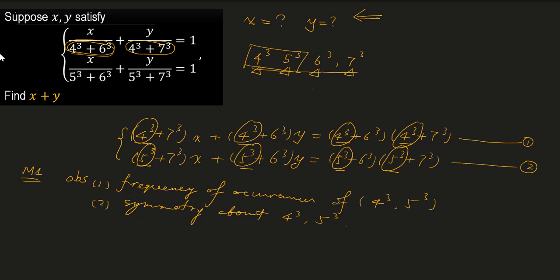So what we want to do is to replace this 4 cube in the first equation or 5 cube in the second equation by a new defined variable t.